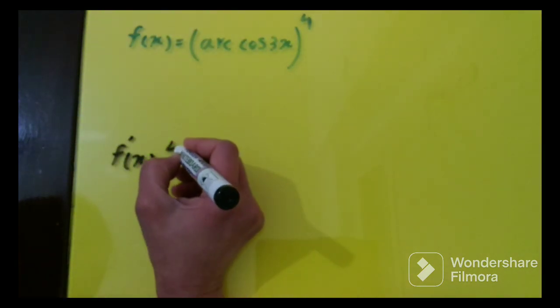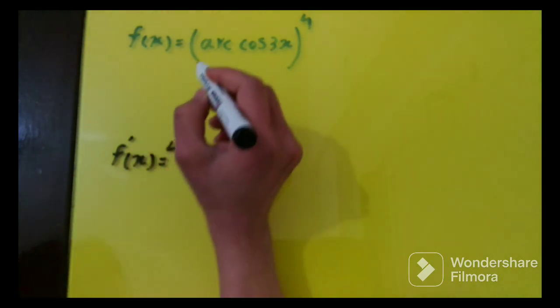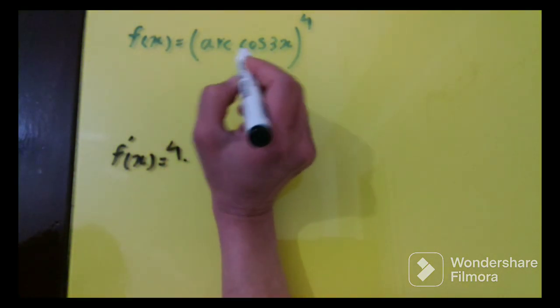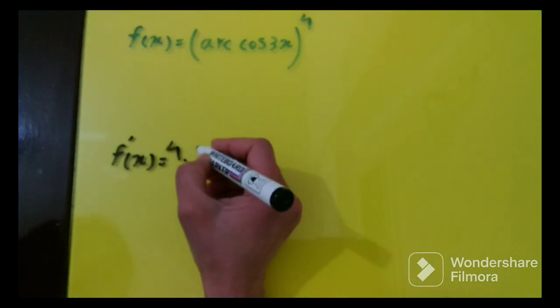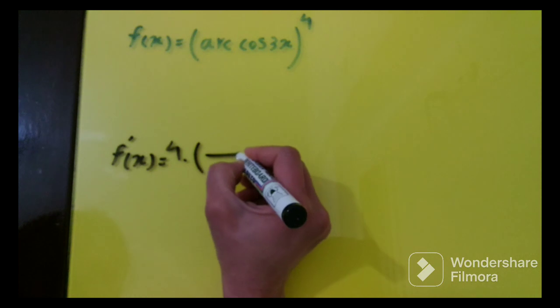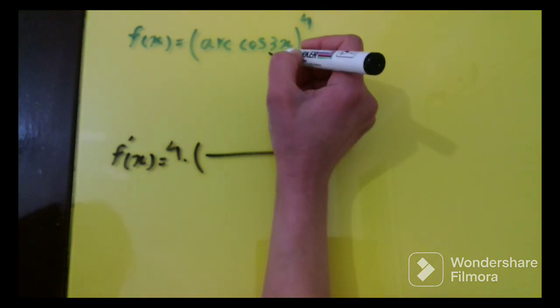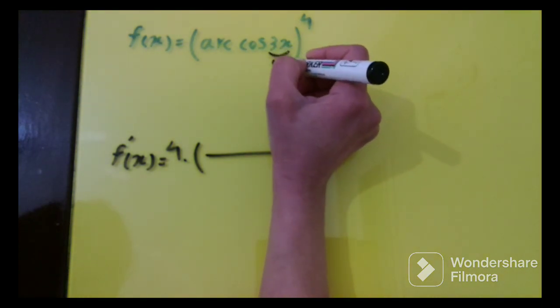Next example. Okay guys, in this example, according to the power rule, first you should bring the power down. It's 4 times. Now you should get the derivative of this term. According to the formula, for up, there is negative u prime. This term is u.